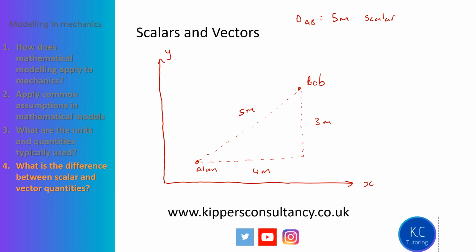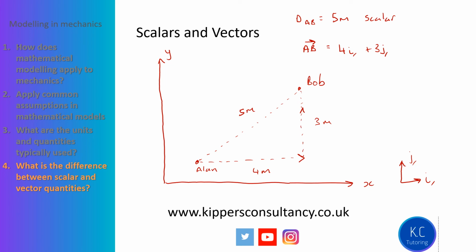Now, if we wanted to describe the vector that takes us from Alan to Bob, we would go along 4 meters and then up 3 meters. So the vector of Alan to Bob would be 4i plus 3j, where i is the vector for the x direction and j is the vector for the y direction.